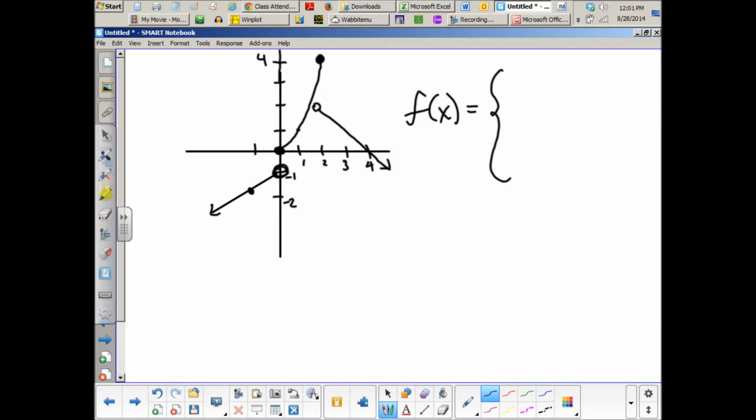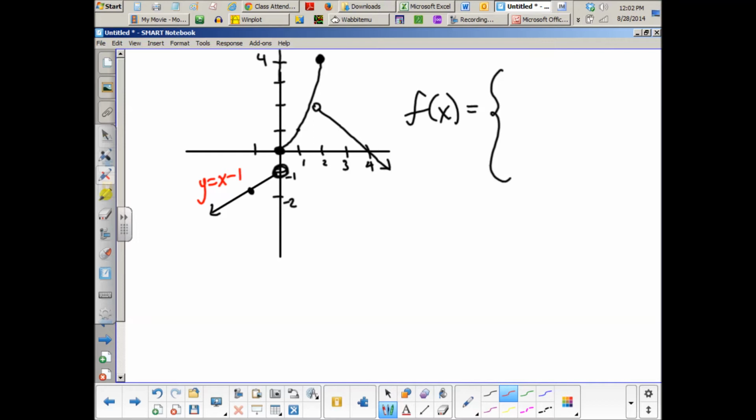All right, so let's just go back and look at this thing piece by piece. The first piece is clearly the line y equals, what's the slope of that thing? What do you guys think the slope is? The slope is 1. It goes up 1, right 1. Okay. What's the y-intercept? -1. Okay, it passes through the y-axis at -1.